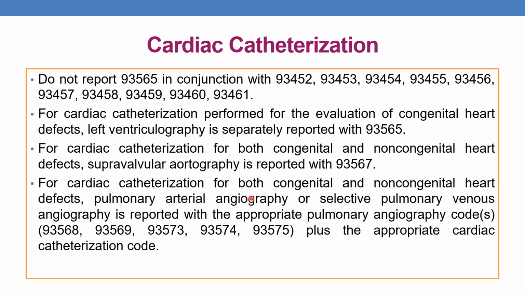And for cardiac catheterizations for both congenital and non-congenital heart defects, pulmonary artery angiography or selective pulmonary venous angiography is reported with the appropriate pulmonary angiography codes 93568, 569, 573, 574 and 575 plus appropriate cardiac catheterization codes.